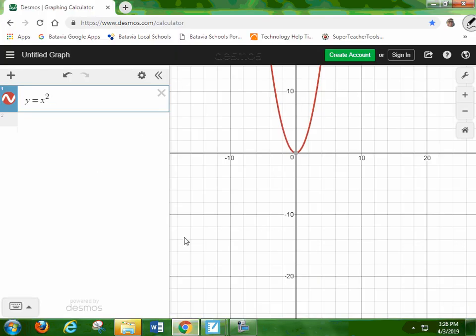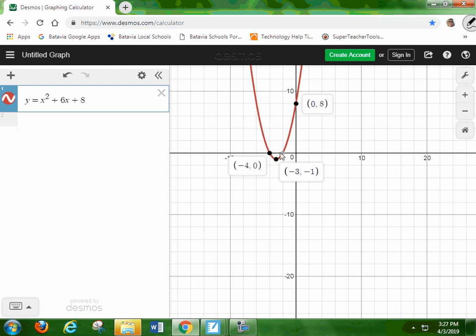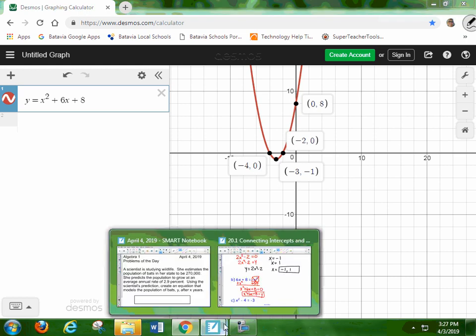I couldn't remember if it was plus or minus. So plus 6x plus 8. There's my parabola. Oops, click back on it and I see my points. Actually, there's my y-intercept. That's not my answer though. Here's my vertex. That's not my answer, but those points could help me graph it as well. Here's my answers. My answer would be x equals -4 and x equals -2.